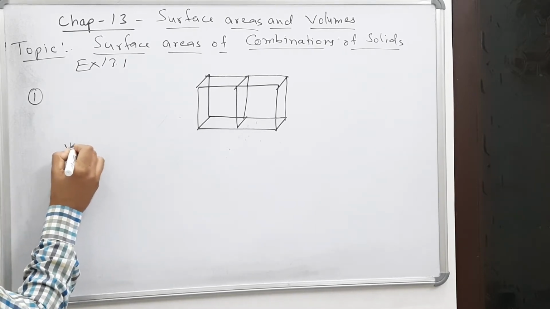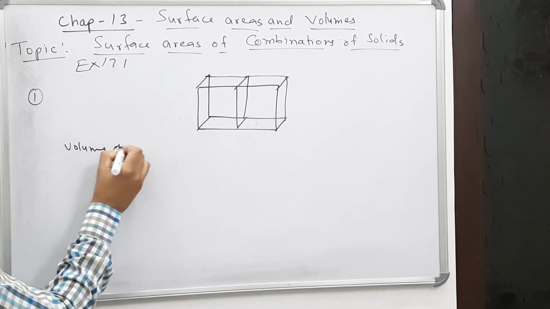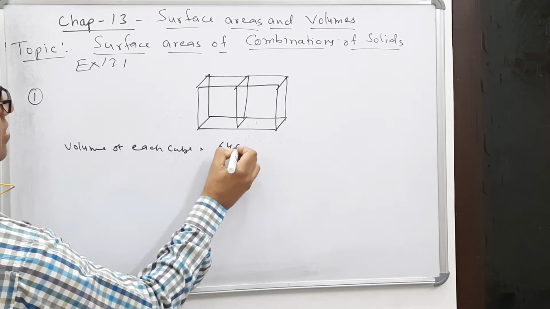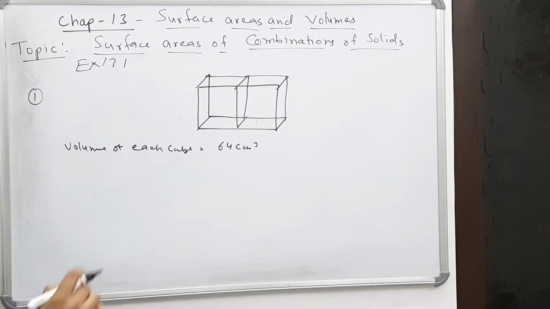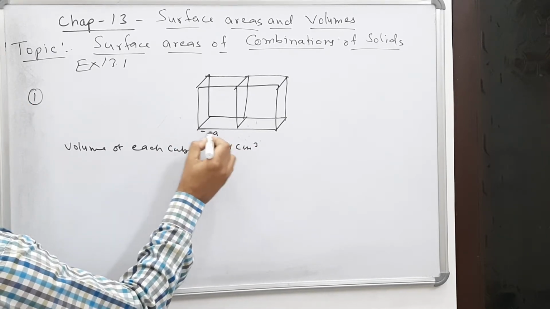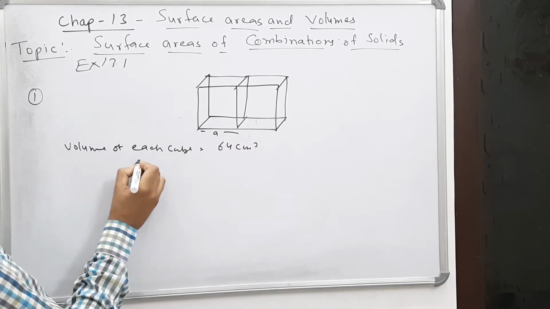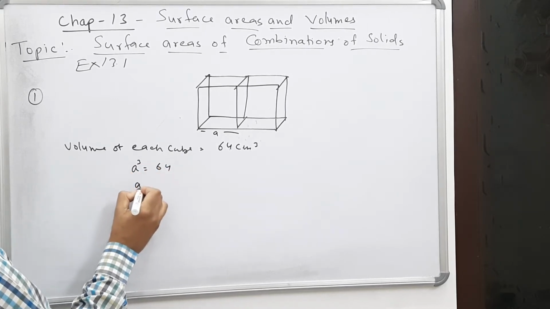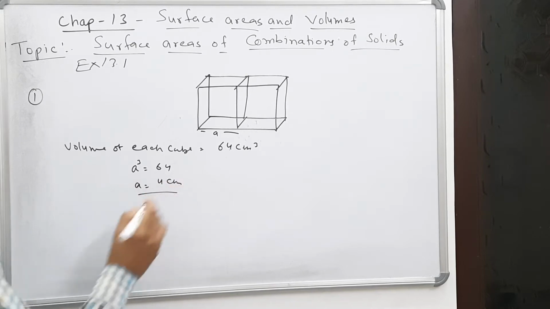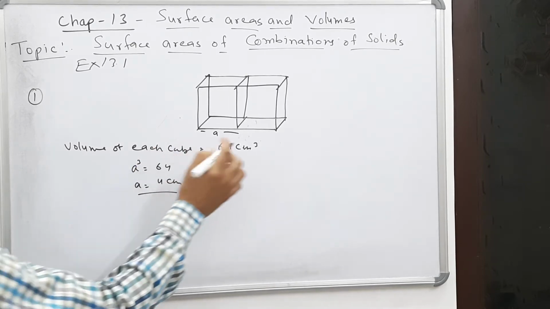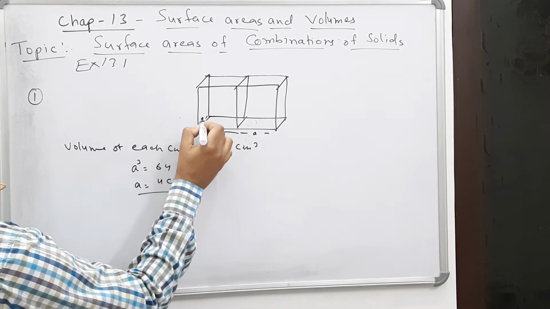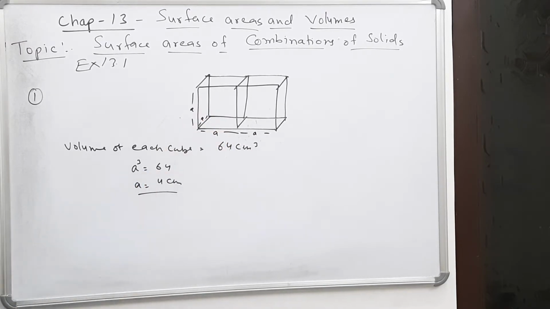Volume of each cube is 64 centimeter cube. Say the edge of the cube is a, so a cube is 64, so a is 4 centimeter. Now you see this part is a and this part is also a.